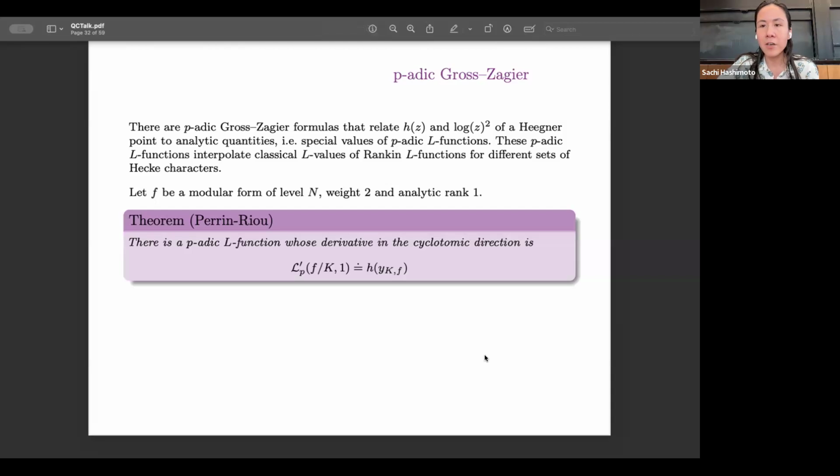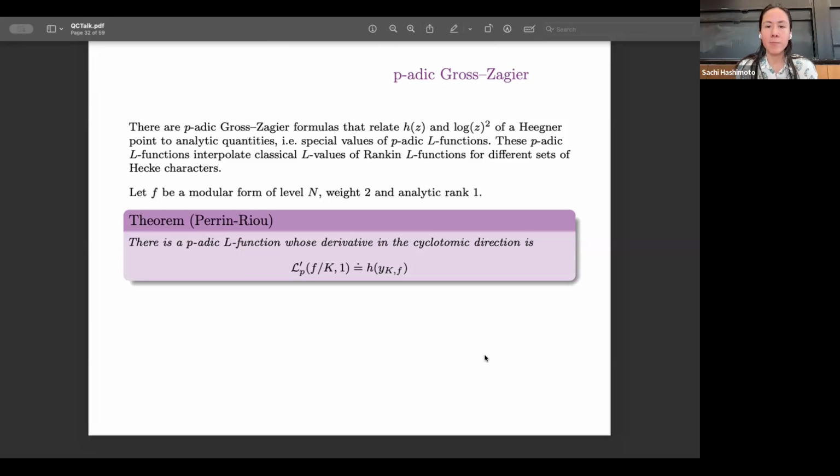After Gross and Zagier proved this amazing relationship between special L-values and Néron-Tate heights, there came along many p-adic Gross-Zagier theorems.